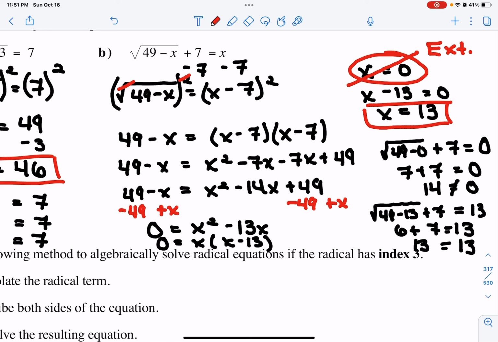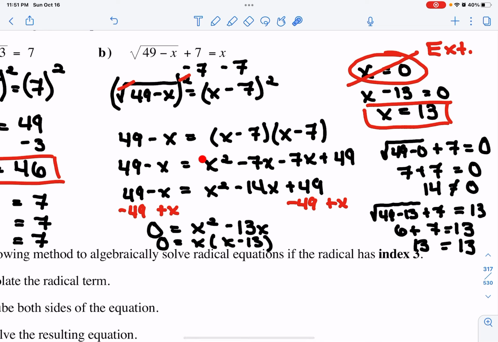Now, it's really important to recap the steps here. We take it and isolate for the radical. So we isolated our square root 49 minus x by subtracting away 7 from both sides. Then we need to square both sides. When we square both sides, we FOIL one side, or expand the side.